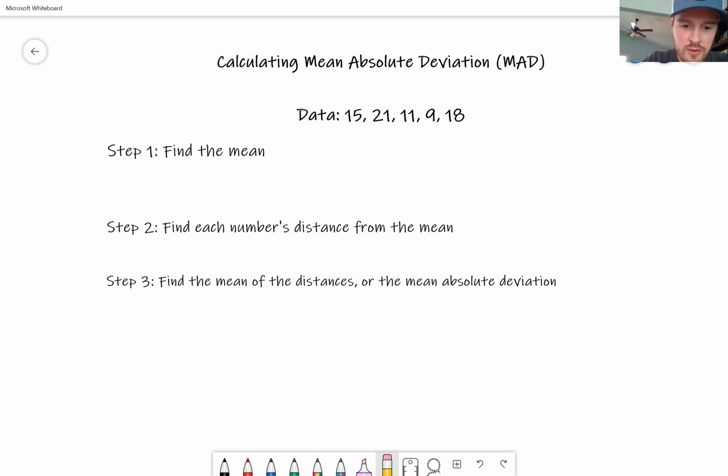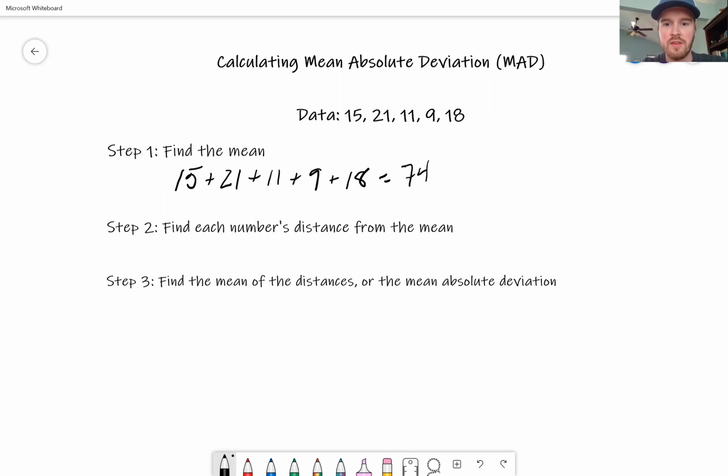So we need to add all of the numbers in the data set. So 15 plus 21 plus 11 plus 9 plus 18. And if you add all those together with your calculator or by hand, whatever you prefer, you get a sum of 74. All right.